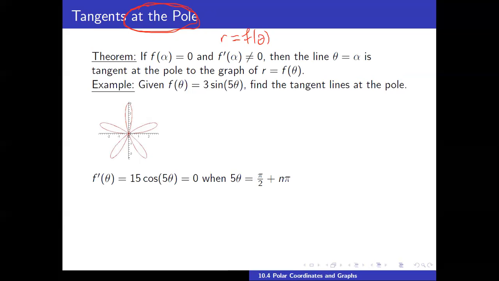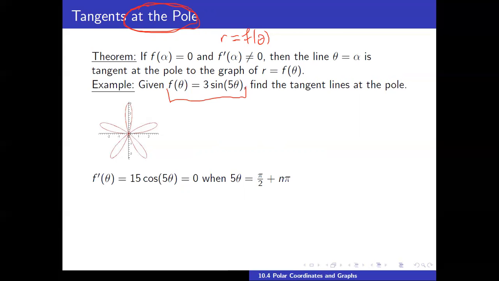The derivative of sine is just cosine, but then we would also have to apply the chain rule, yes? So I'd have to multiply by 5. So it'd be 3 times 5, which is 15 cosine of 5 theta.